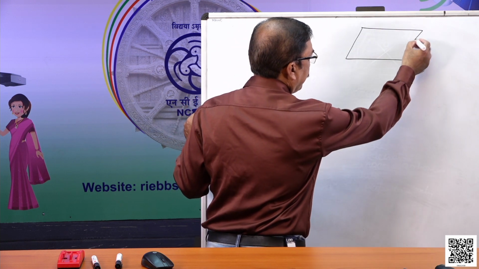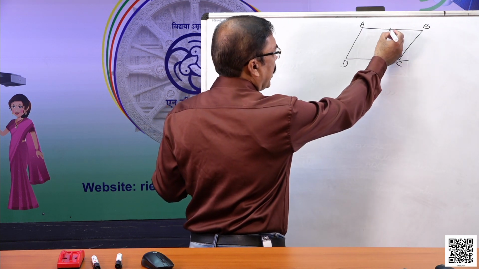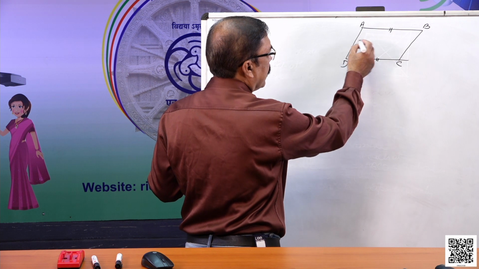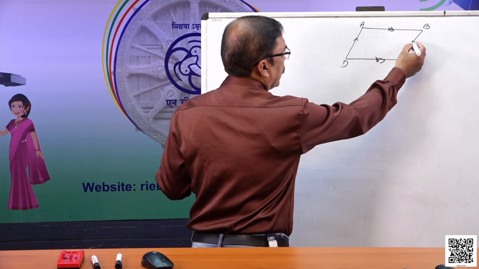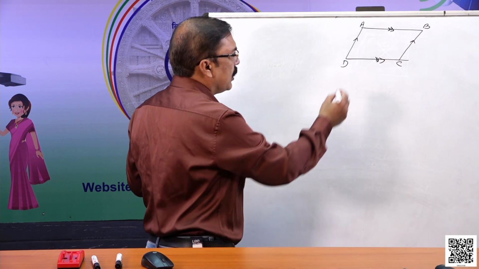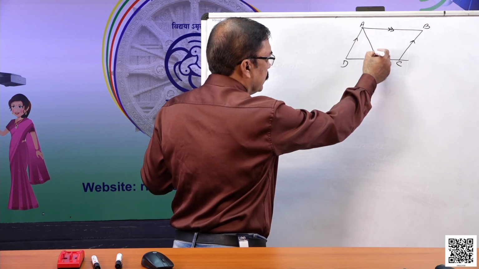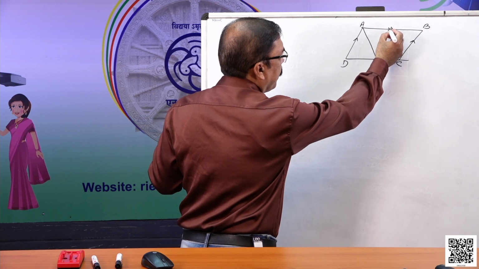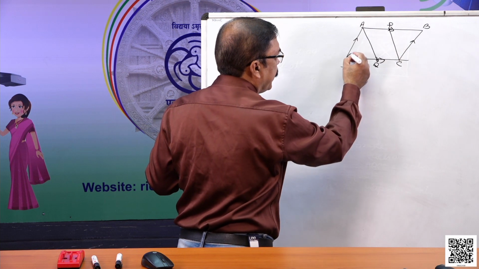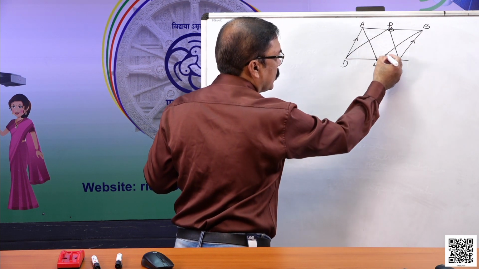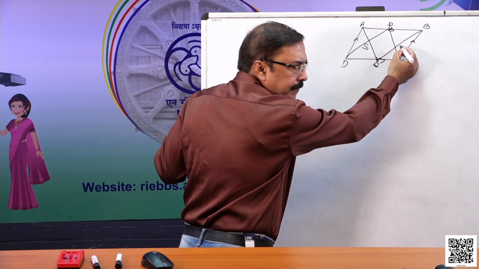As ABCD is a parallelogram, AB is parallel to CD and AD is parallel to BC. Now the midpoint of DC is Q and the midpoint of AB is P, and DP and BQ are joined, and so they intersect like this.